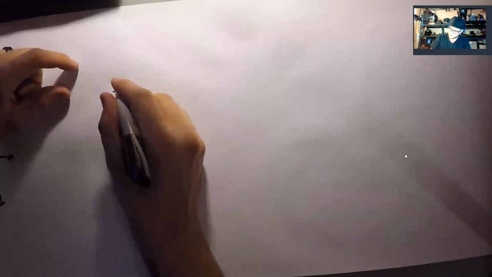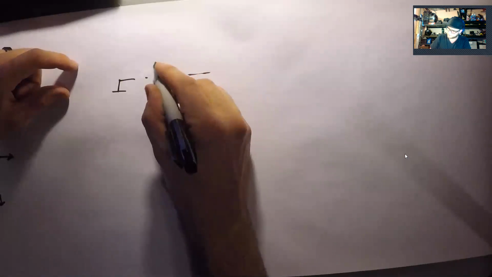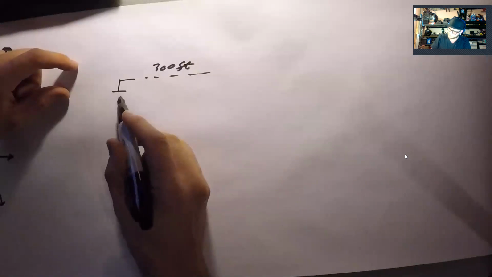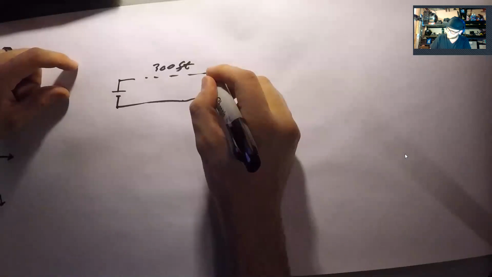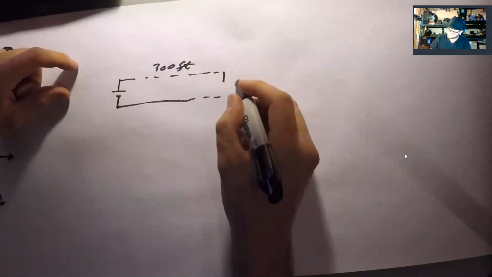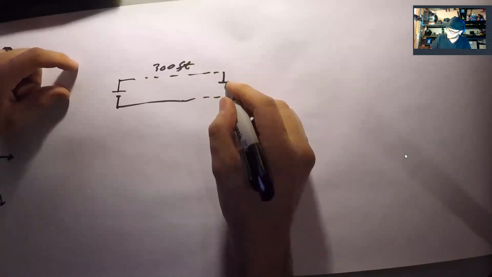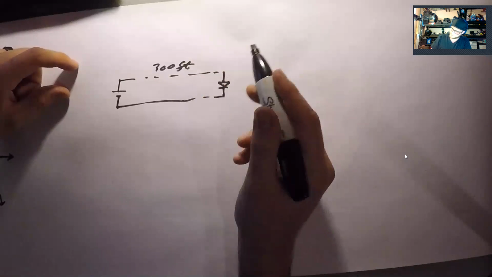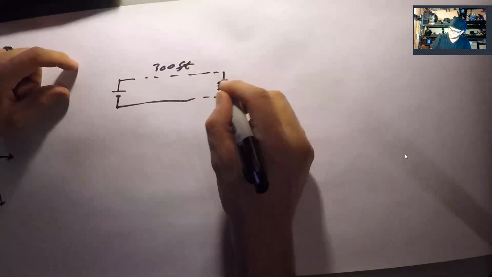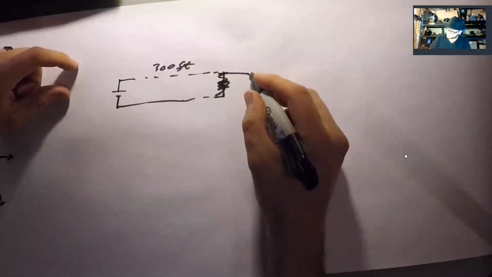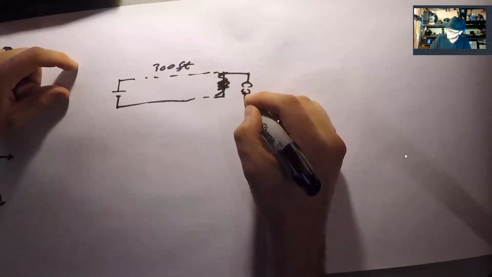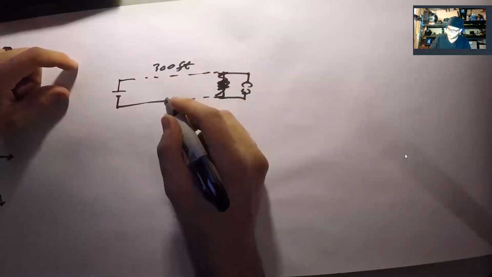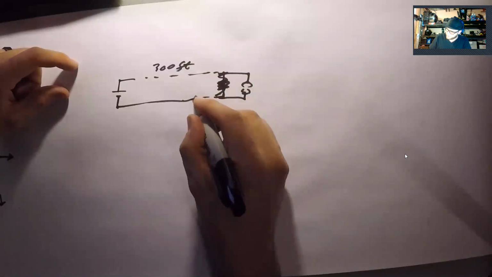So if I have my circuit, then I have some, let's just keep using a diode. Actually, you know what? I'm just going to make this a contact. And then I have a switch here.